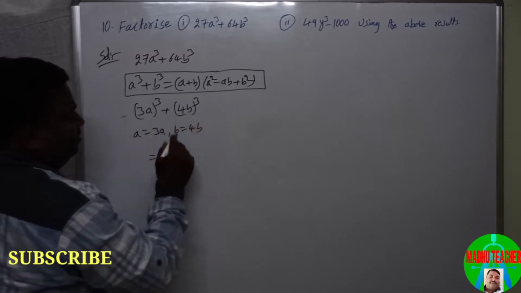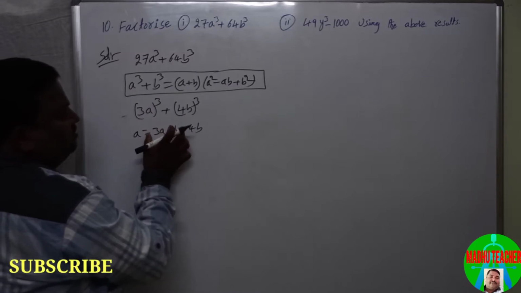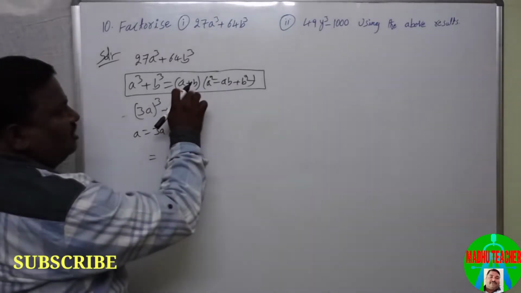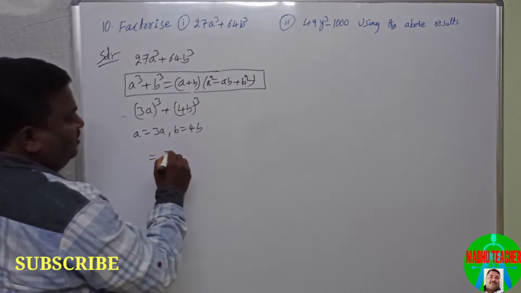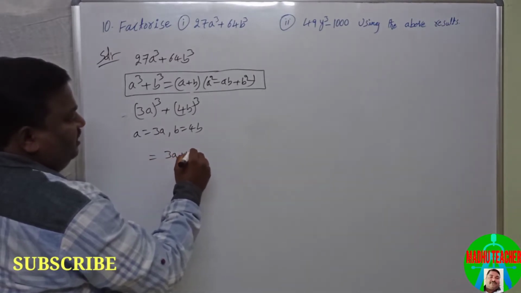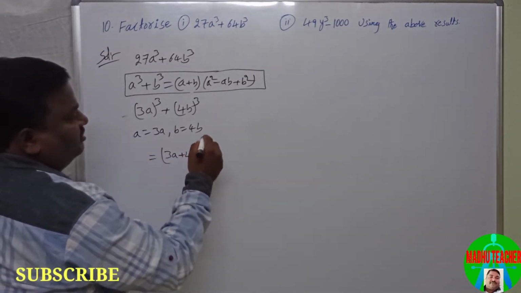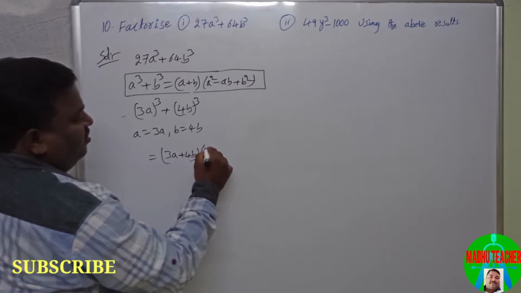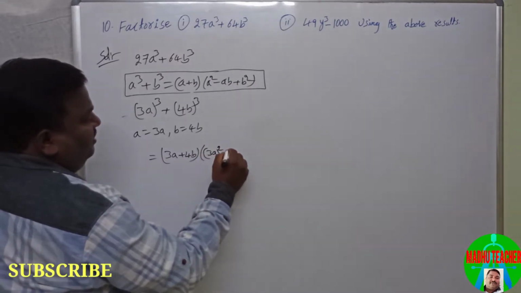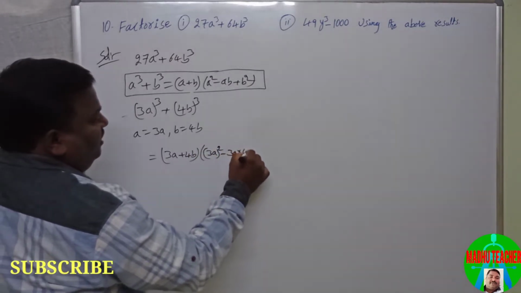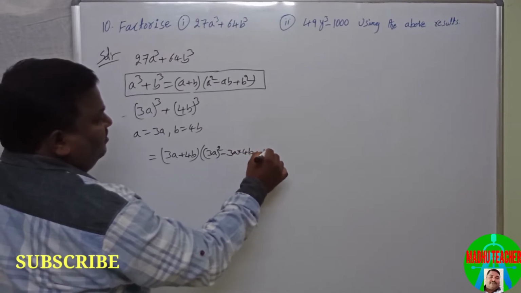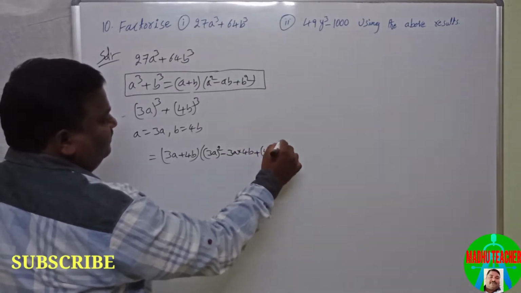So substituting these values in RHS, that is a plus b, 3a plus 4b into a square, that is 3a whole square minus ab, 3a into 4b plus b square, 4b whole square.